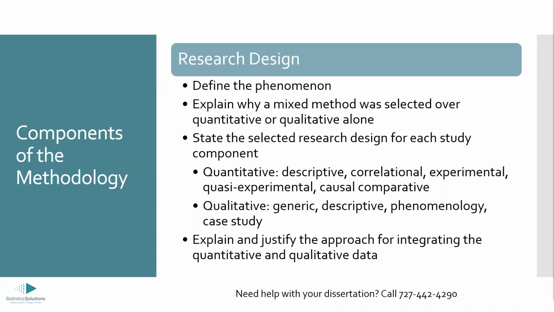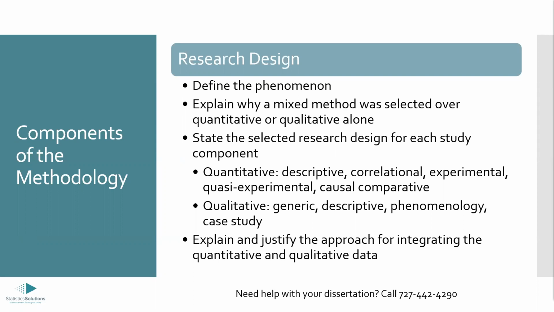And then for qualitative, you might have something like a generic qualitative study, descriptive, phenomenology, case study. There's also ethnography or grounded theory, but generally, if you're doing a mixed method study, you may not be so much going into something like an ethnography or grounded theory. Generally, in mixed method study, you're probably looking at something more like a generic qualitative approach or a descriptive approach.